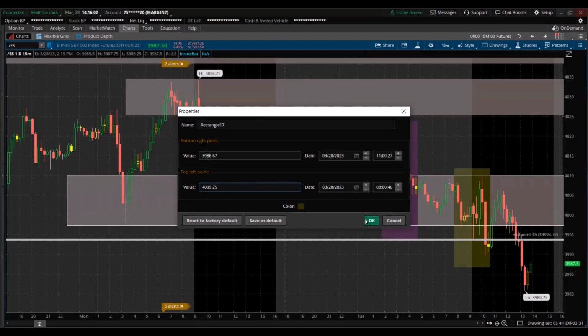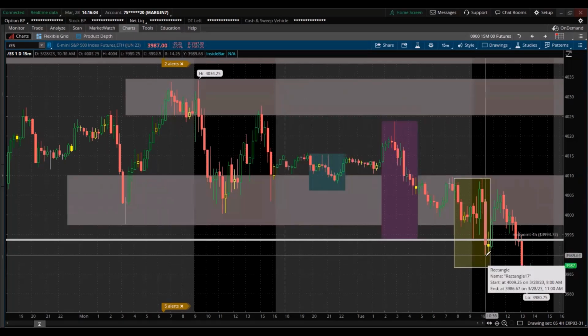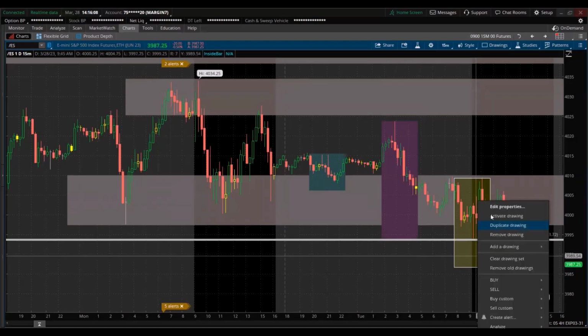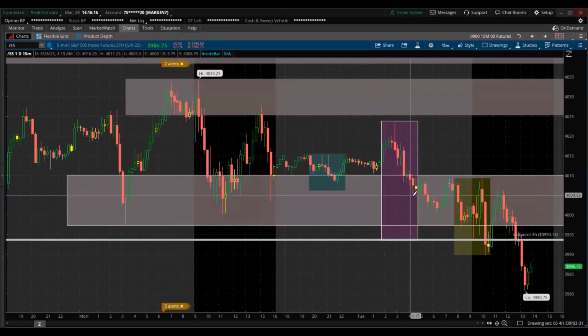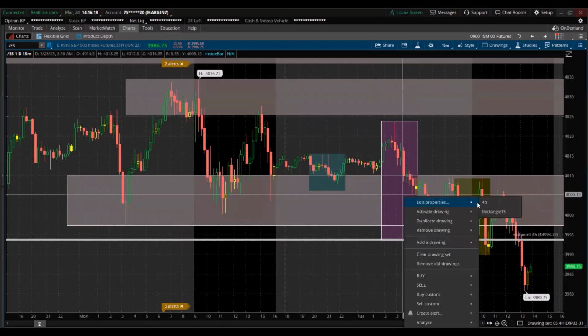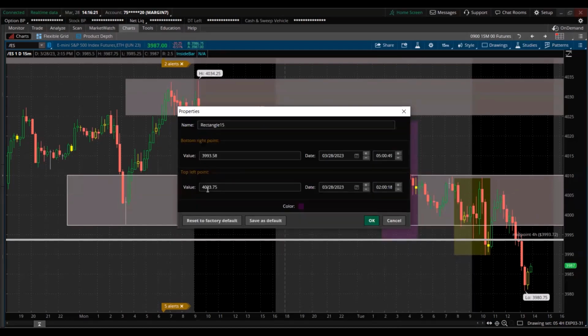Get it close as possible. And like I said, the liquidity, meaning more traders are participating. That's a good thing. And typically the spreads are tighter. Tighter spreads, that's a good thing too.